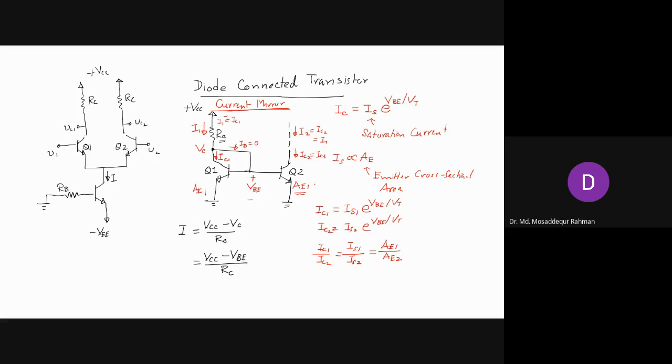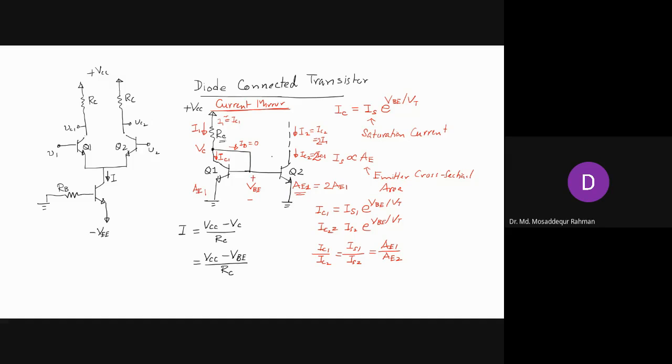If the cross-sectional area AE2 is 2 times this one, then the current IC2 will also be twice IC1, right? If the cross-sectional area is twice the cross-sectional area of Q1, then the collector current here will be twice the collector current, and I2 equals IC2, which will be twice I1, right?